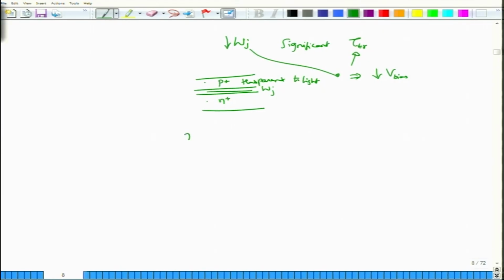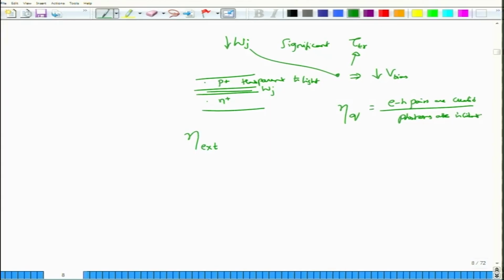Okay. And that is characterized by what is called the external quantum efficiency. Internal quantum efficiency, or just the quantum efficiency, is defined as the efficiency with which electron hole pairs are created for the photons that are incident. So, when you send photons, or a single photon, what is the efficiency with which these electron hole pairs are created.